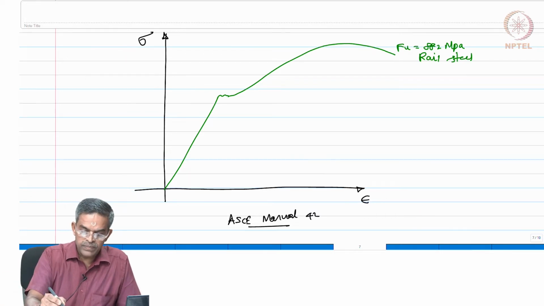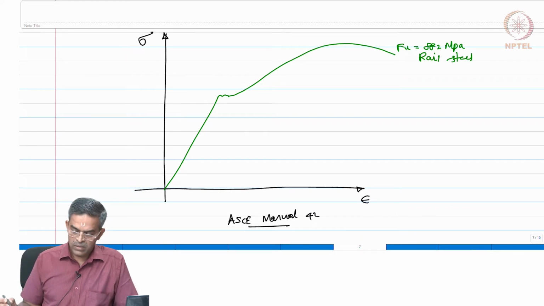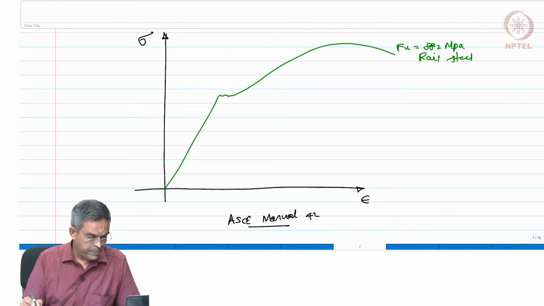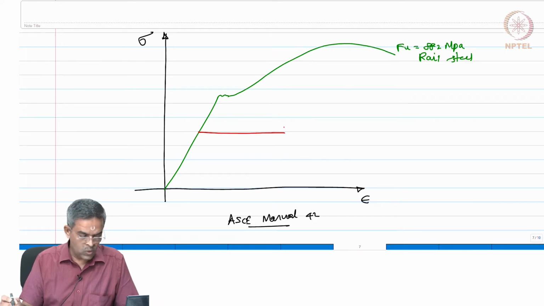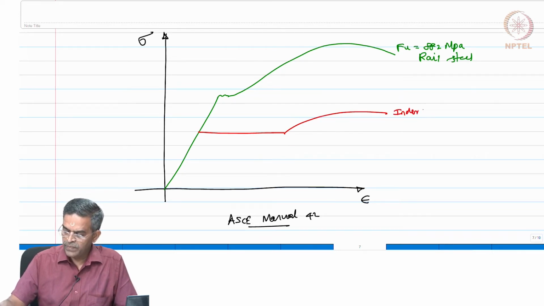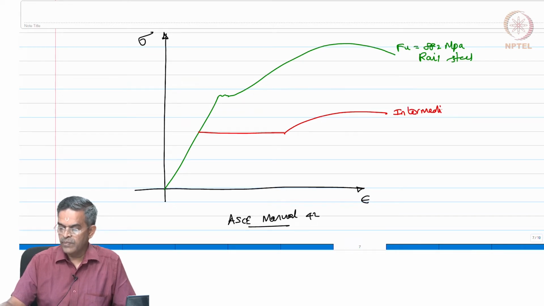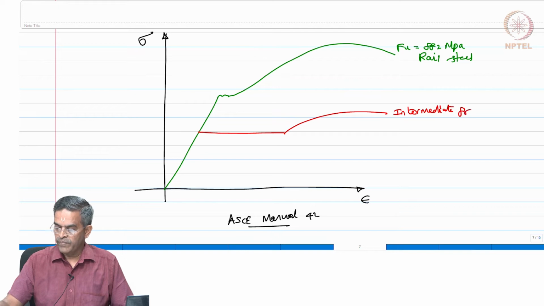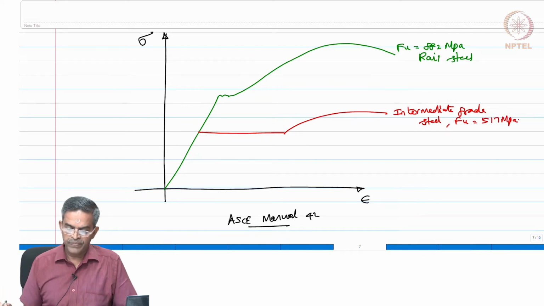The other one has got the same slope but goes flat plateau, and then this intermediate grade steel whose FU is 517 megapascal.